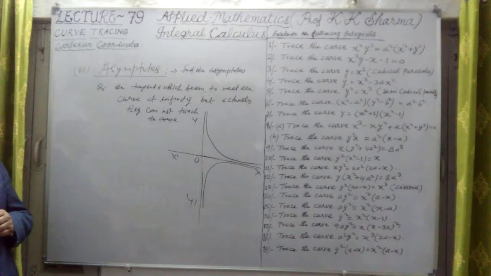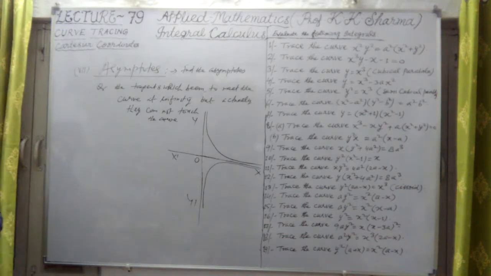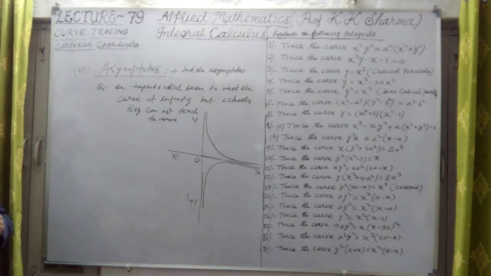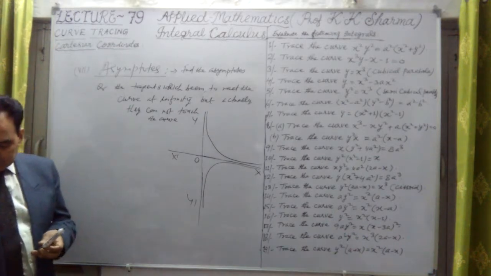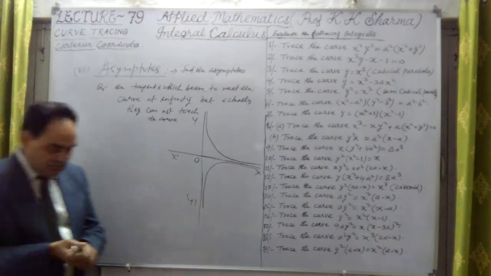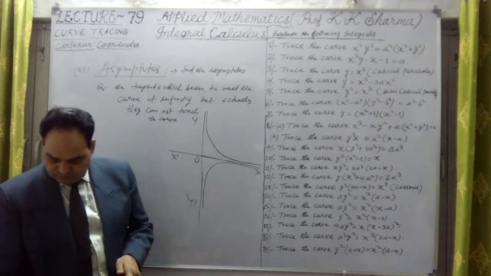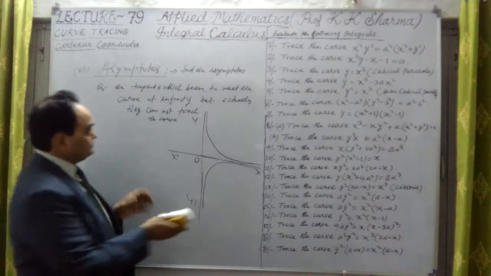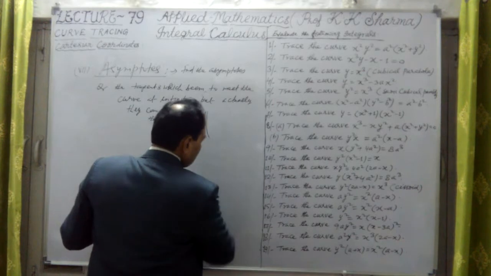Then we have defined almost all the points: symmetry, and regions where the curve does not exist for values of x or values of y. All those points we have defined here. Then now let me take the questions here. Let me change the marker. Now let me take the questions one by one.